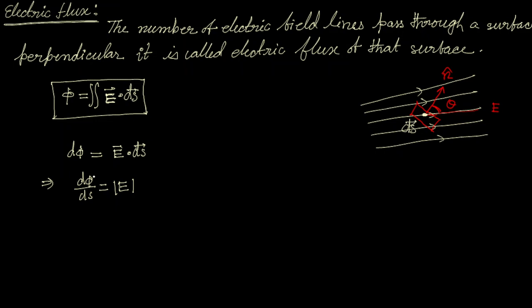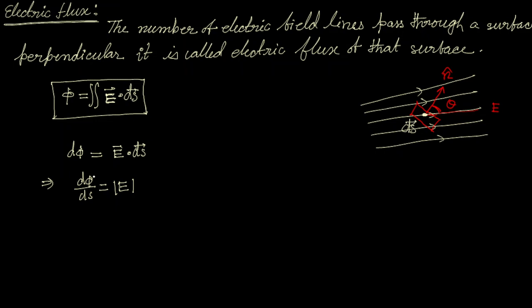So from the concept of electric field lines and the concept of electric flux density, we can represent the complete nature of the electric field by the field lines.